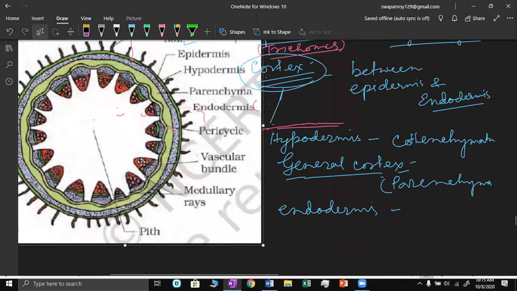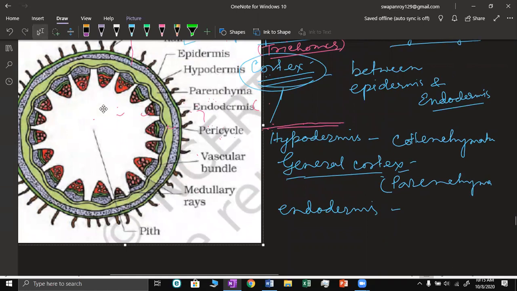This is a characteristic feature of the dicot stem. At the center, this large portion is called the pith or the medulla. So in the center there is pith or medulla, and you can see this portion of the tissue in between the vascular bundles.